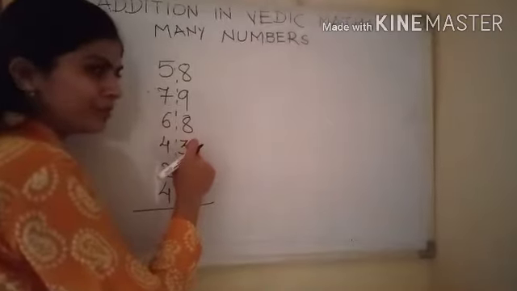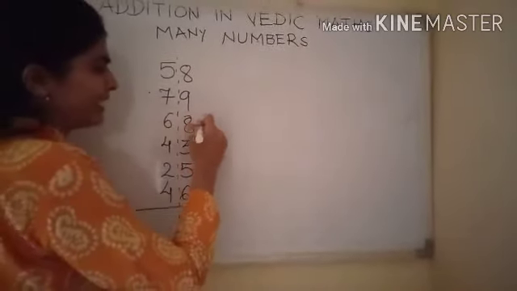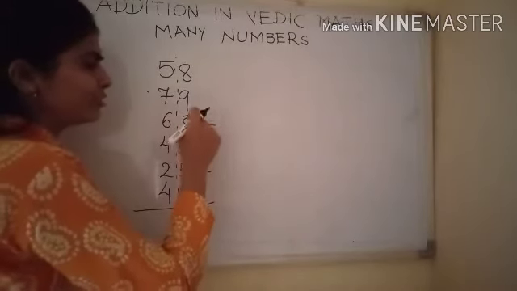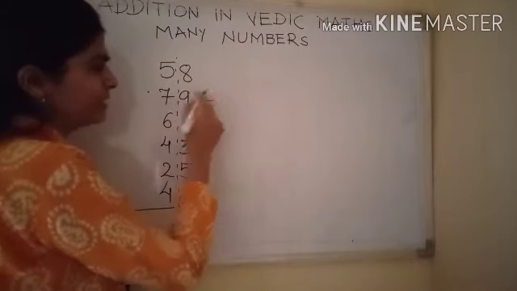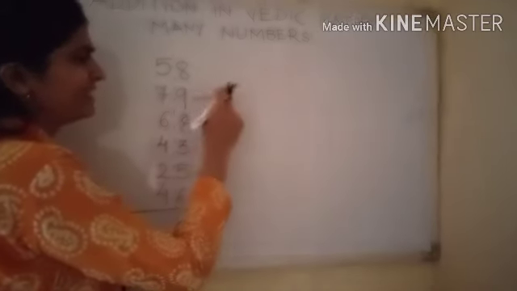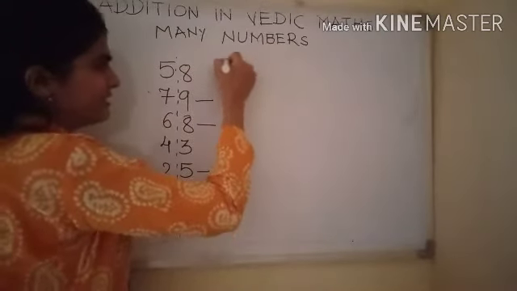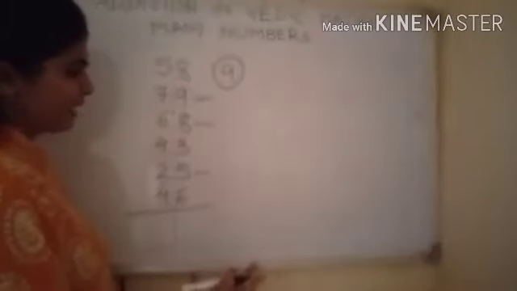1 and 3 is 4, a non-carry combination, so no hyphen. Then 4 and 8 is a carry combination, that's why a hyphen, and 4 and 8 is 2. Now this 2 and 9 is again a carry combination, and 2 and 9 is 1. Now 1 and 8, that is 9, a non-carry combination, so no hyphen.